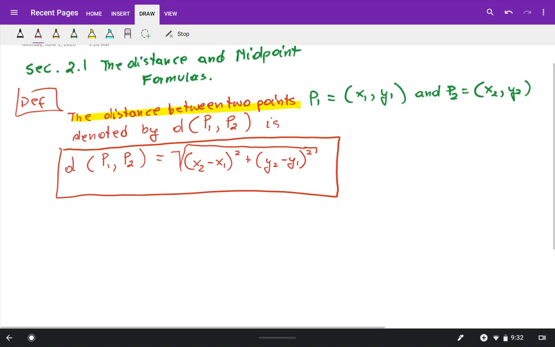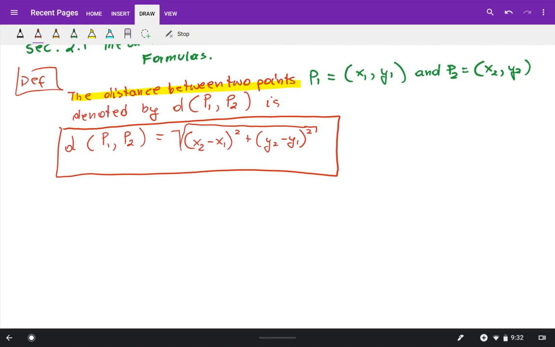So first I will give you the definition, then we'll practice. The next definition will be the definition of the midpoint. So I will give you the midpoint formula. So this one was distance.